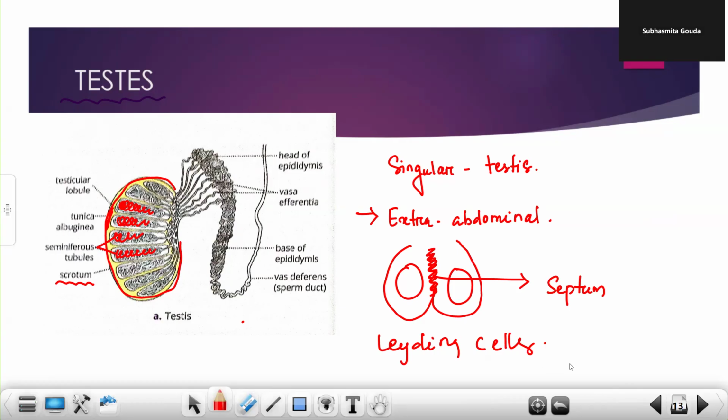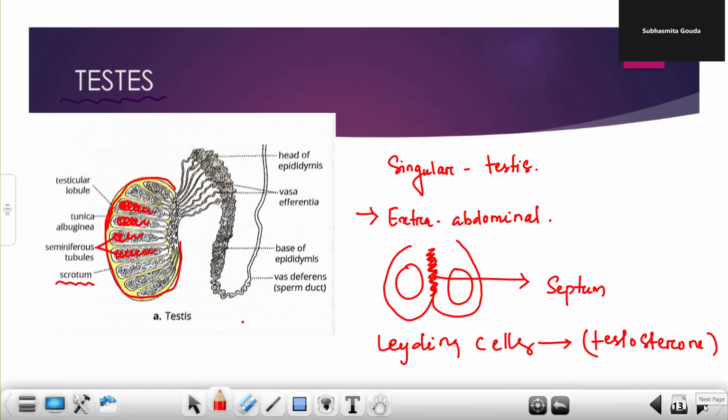Okay. And they secrete the male sex hormone, testosterone. It secretes testosterone. Testosterone is the male sex hormone. Okay. Next, the hormone regulates the maintenance of the primary as well as the secondary characteristics in males.